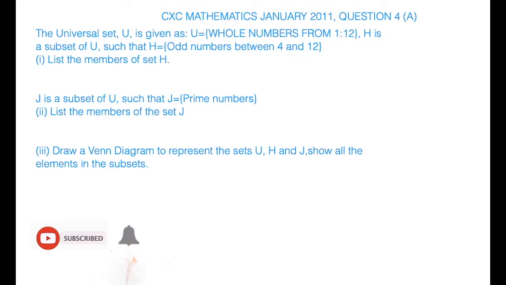If we're going to list the members of set H, we have to think about what the odd numbers are. Odd numbers are not divisible by 2. That's the definition for odd numbers.